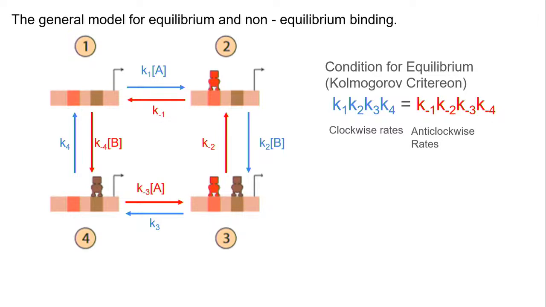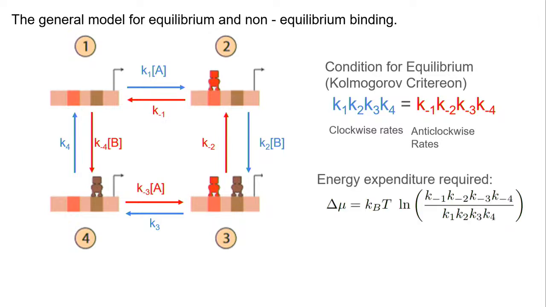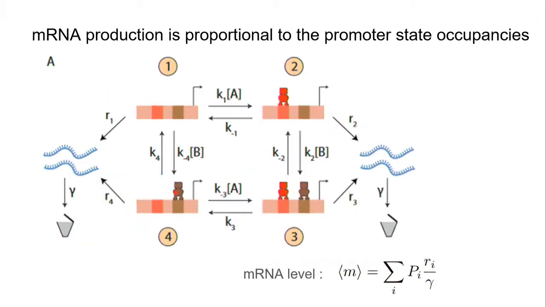What this basically says is that if the rates are related in such a way, then this system is operating at equilibrium. And if this condition is not satisfied, that means the system is operating out of equilibrium. And since it's out of equilibrium, you need to put in some energy to sustain that kind of steady state it has. That energy is given by that formula for delta mu, the chemical potential.